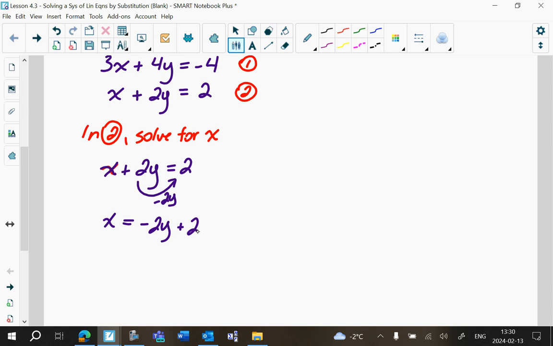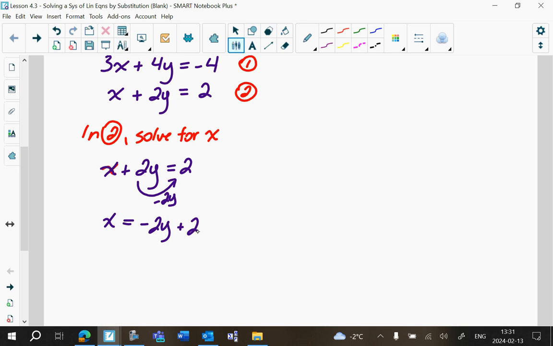Now notice I've got one of the variables by itself. What I can do now is take this expression for x and plug it in for x into the other equation. When I do that, I'm going to have an equation that just has y's in it, which means I can solve it.